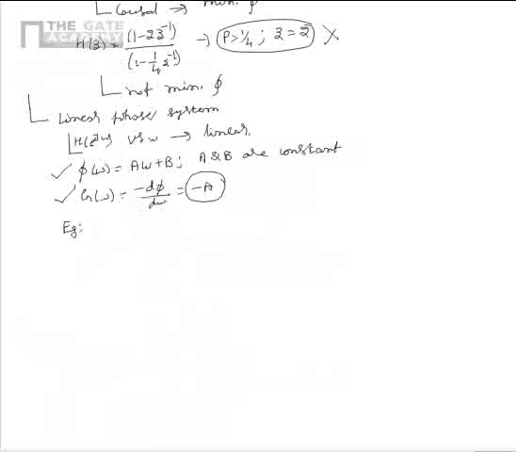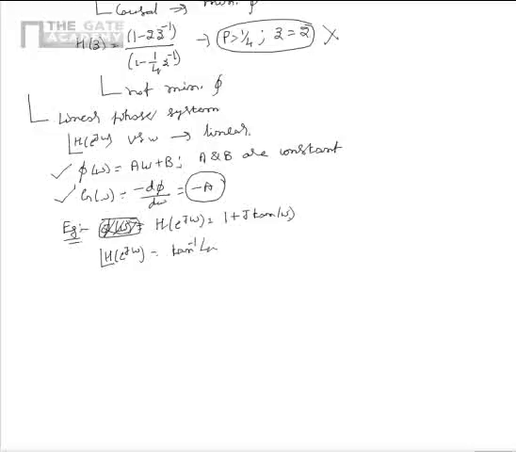If we consider an example in which the system function of a LTI system is given as H of e power j omega is equal to 1 plus j tan omega. From this, we see that phase of H of e power j omega is equal to tan inverse of tan omega, which is equal to omega. From this, we see that the plot of phi of omega with respect to omega is linear.